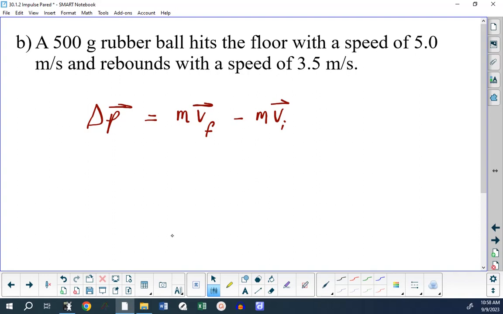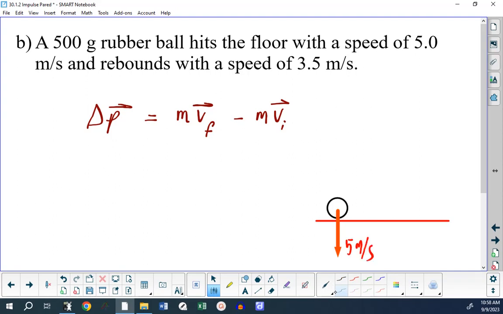You have a ball traveling towards the floor, and in the instant before the ball touches the floor on its way down, it's moving with a speed of 5 meters per second.